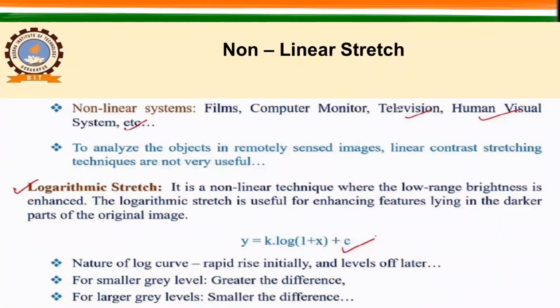Now we go for non-linear stretching, and there are a few good examples like films. In films you can see the contrast, and on a computer monitor you can see all the lines, boundaries, and edges very clearly. That means it is giving you good contrast in terms of a non-linear system, and the television and the human visual system.